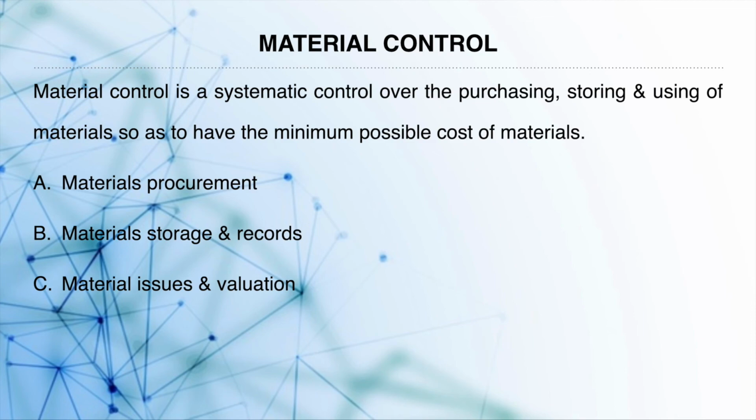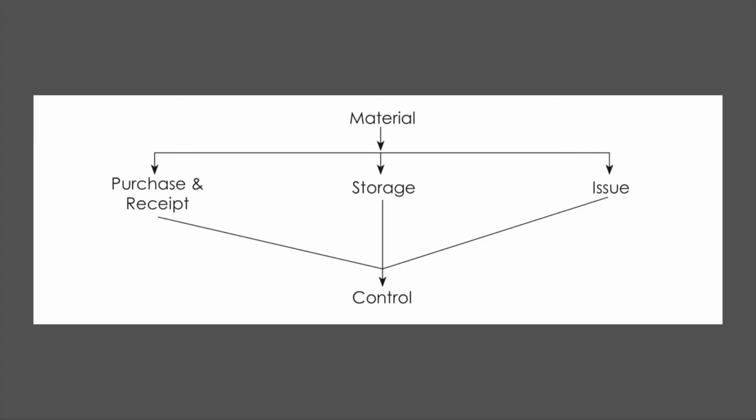Material storage and records. Number three, using of materials, that is, I use the materials in order to sell to the market or to the customer. That is material issues and valuation. So material control comprises three things: purchases and receipt, storage, and issue and valuation.